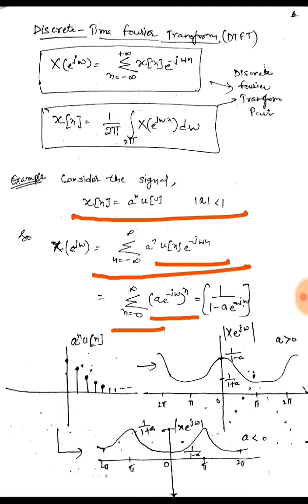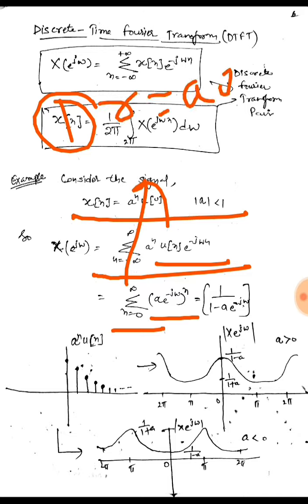So if I solve it, it becomes an infinite GP whose first term is 1 and the ratio r is a times e raised to power minus j omega.